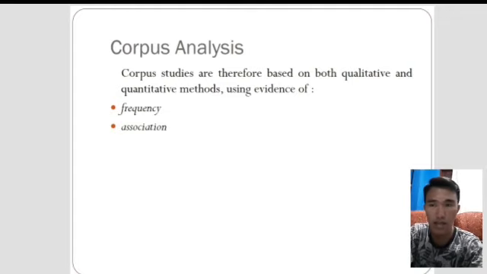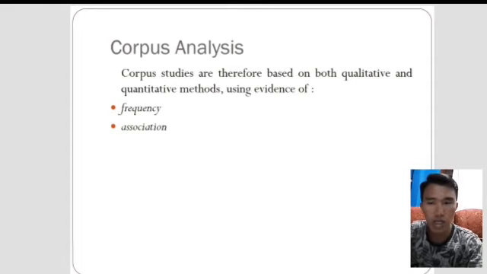As you can see in the slide, frequency is based on the idea that if a word, string, or grammatical pattern occurs regularly in a particular genre of subject or subset of language, then we can assume it is significant in how that genre is routinely constructed. And association refers to the ways features associate with each other in collocation patterns.